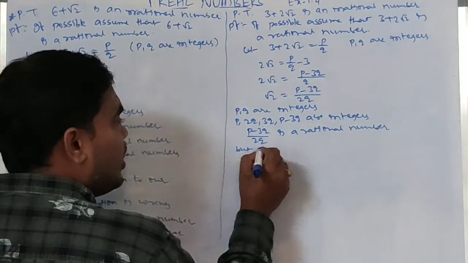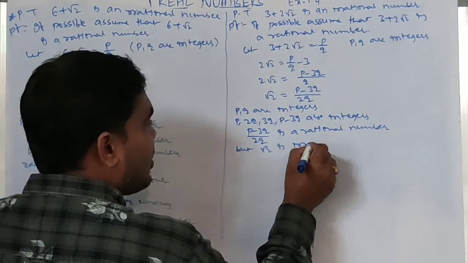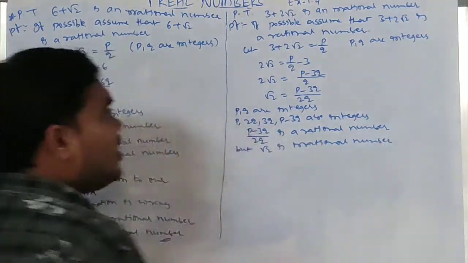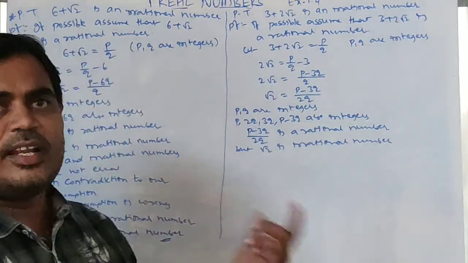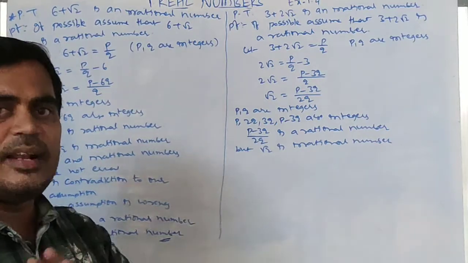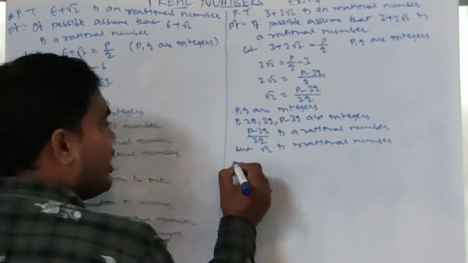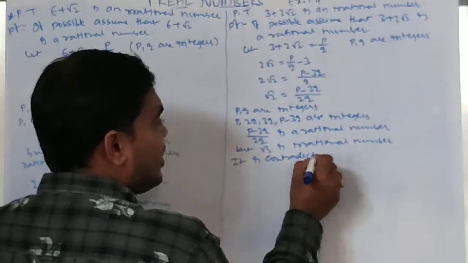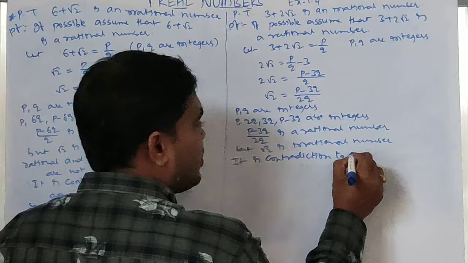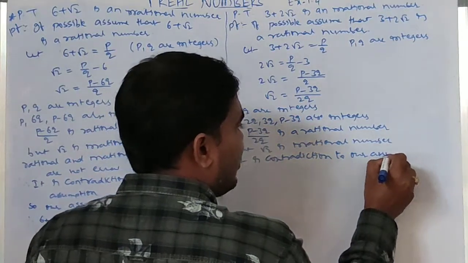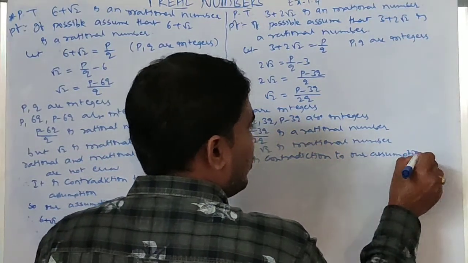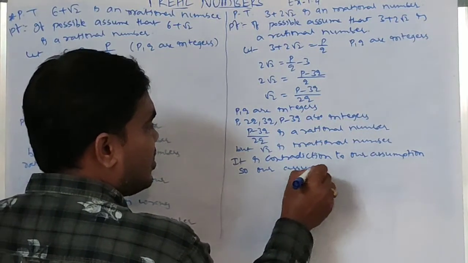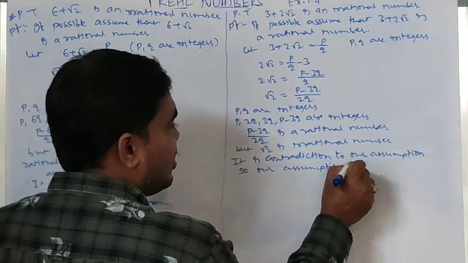But root 2 is an irrational number. So this is an irrational number, this is a rational number. One irrational number and one rational number are not equal anywhere. So it is a contradiction to our assumption. So our assumption is wrong.